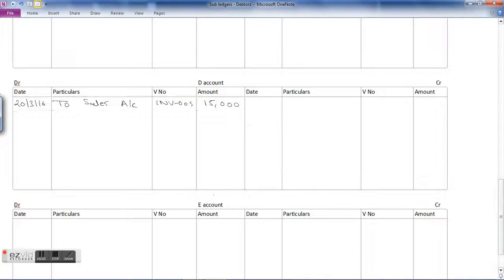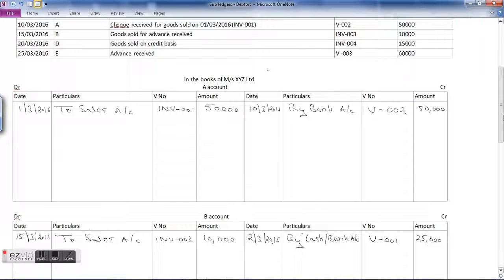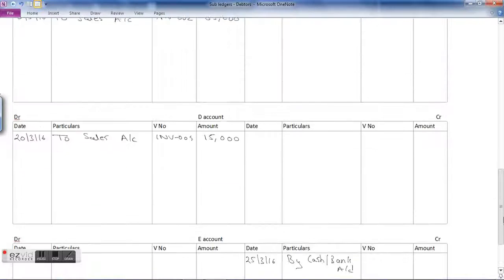On the credit side of E's account, we will post the entry: 25/3/2016, by cash or bank account. Since nothing is mentioned whether it is received in cash or bank, we will be debiting cash or bank account. V003, amount is 60,000.